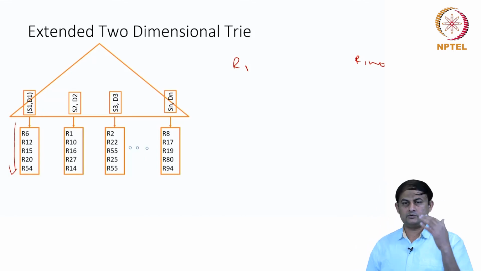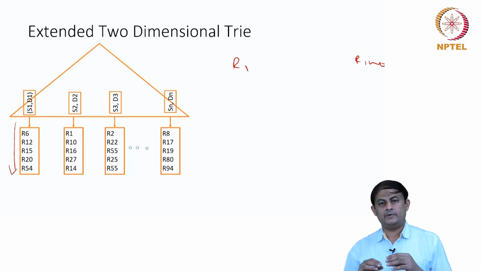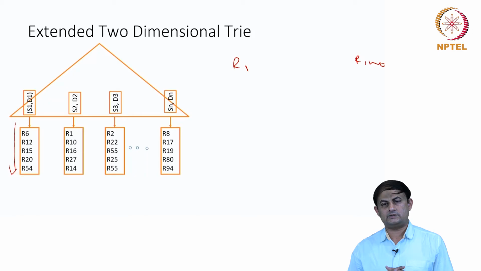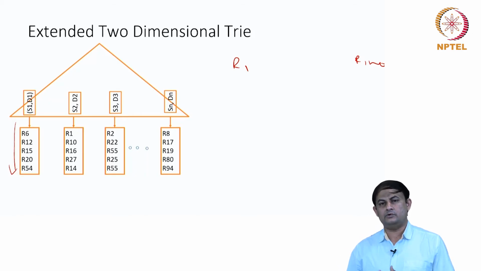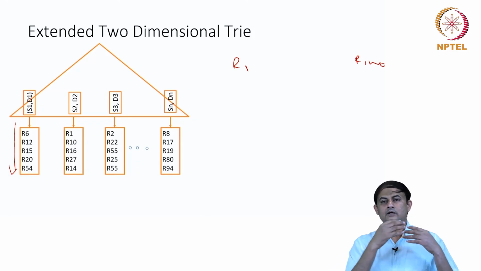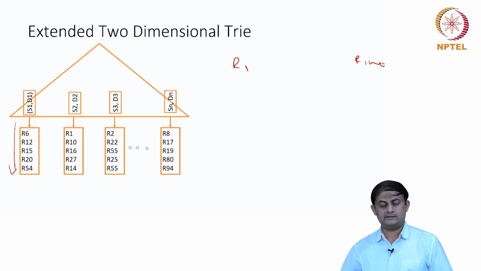I have 1000 rules in all, but if I pick up one particular source and destination IP combination, there are only a handful of rules which actually are candidates for matching.